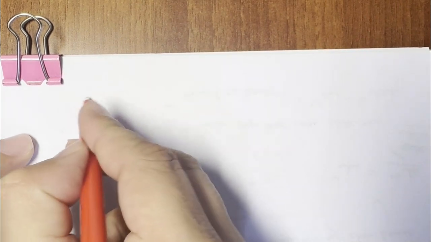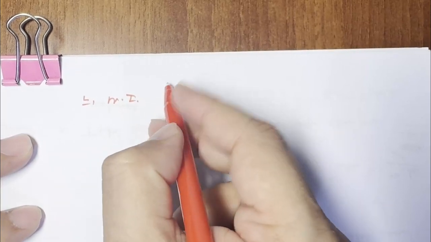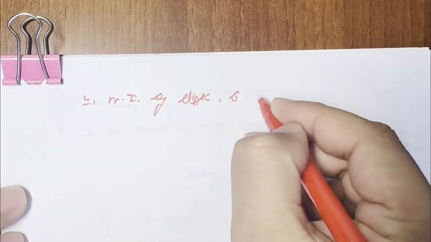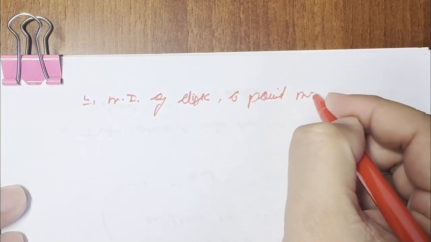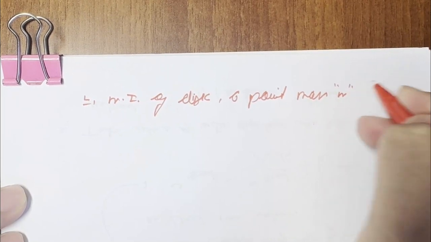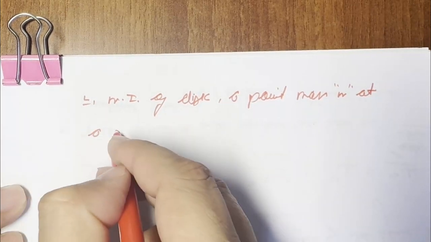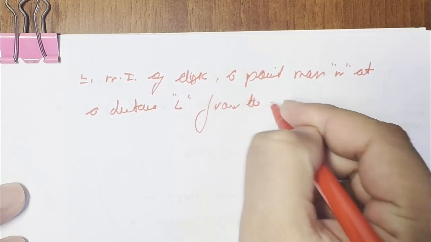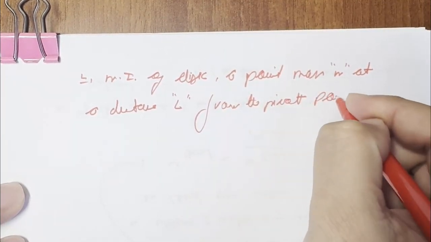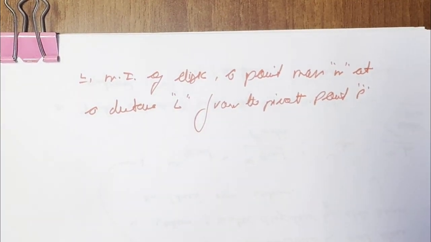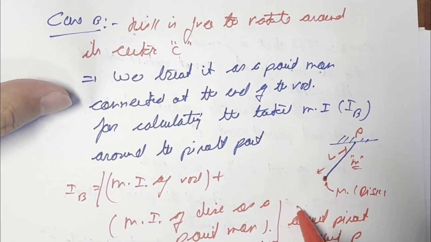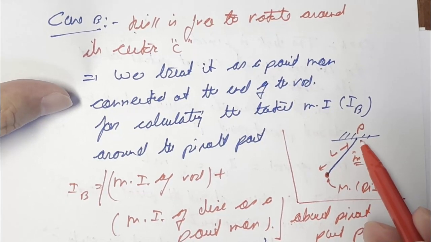And for the second case, we can say that moment of inertia of disc as a point mass m, small m, at a distance L from the pivot point, that is P. So now this is the point mass, and this is for disc, and this disc is at a distance L from the pivot point.